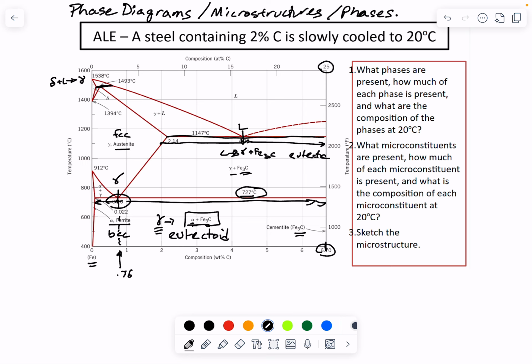When gamma at 0.76 turns into alpha plus Fe3C, it forms a very special microstructure called pearlite.